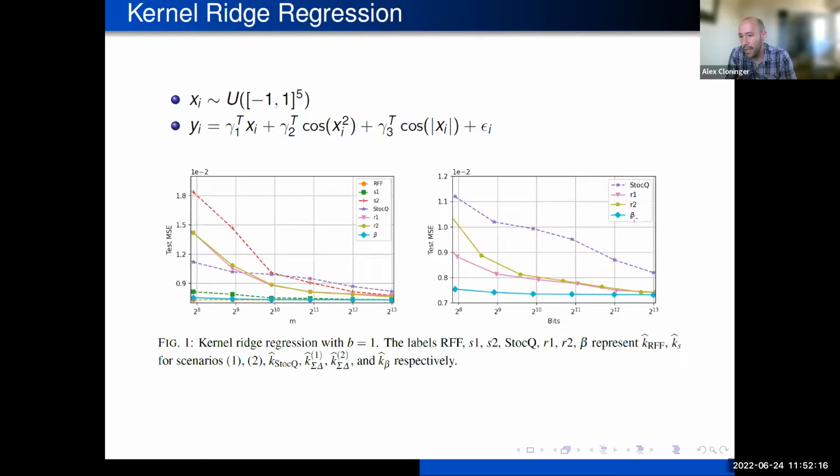R1, R2, and beta are our methods. First order, second order, and then beta, which I didn't get into, is called distributed noise shaping. But you see that we get this fantastic mean square error that's beating any other version of binarized embeddings, and that's asymptotically reaching the random Fourier features themselves, the unbinarized versions.